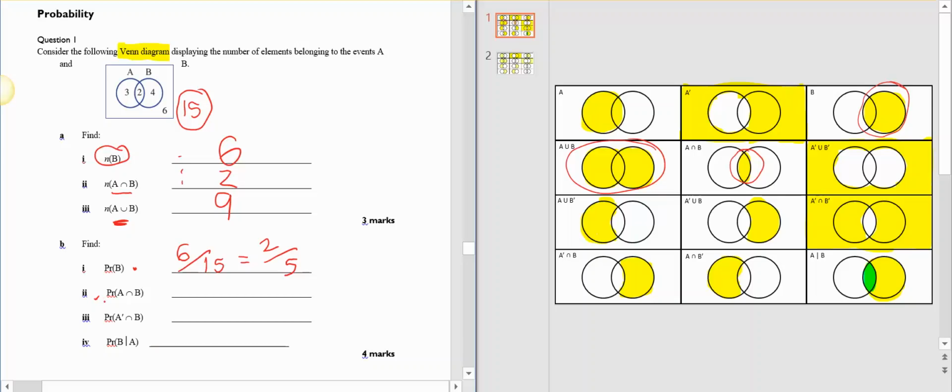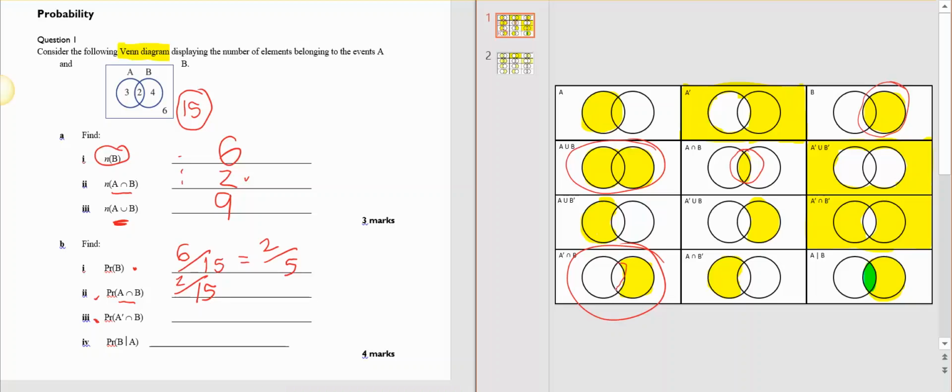Next one, what's the probability of 1 being in the A intersection B? Well, we know that there's 2 out of 15. Can you simplify that? No. Next question is probability of not A intersection B. If we go over to the right-hand side, not A intersection B would be this one here.